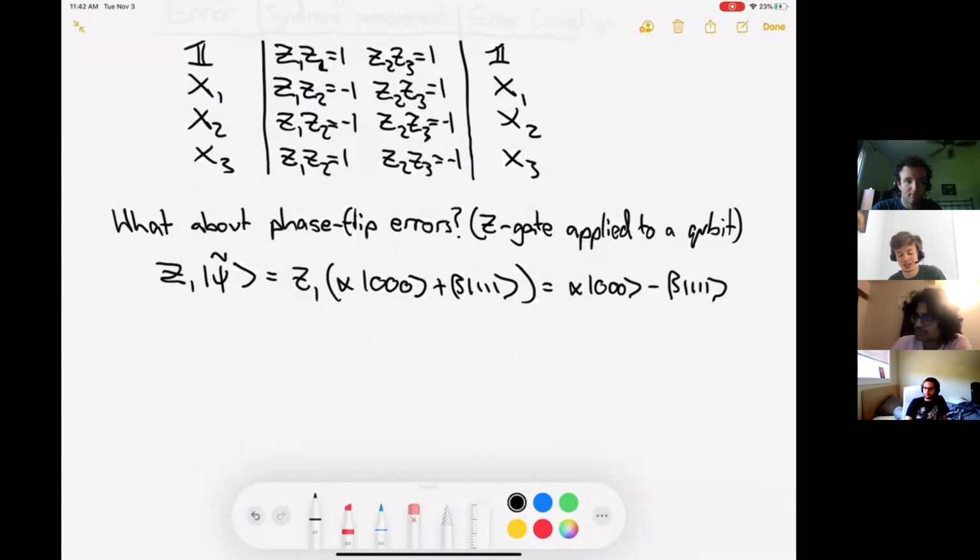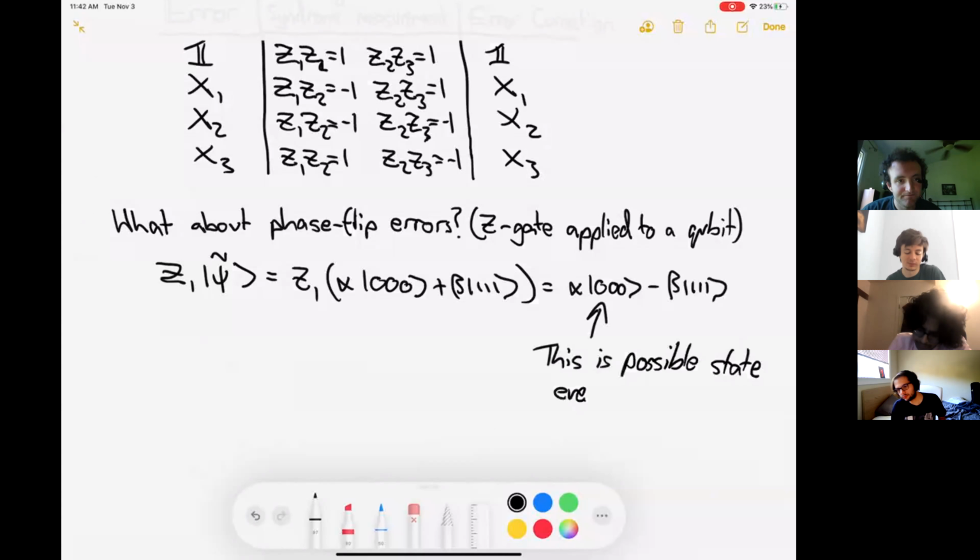No, right? Because this is a possible state even with no errors happening.